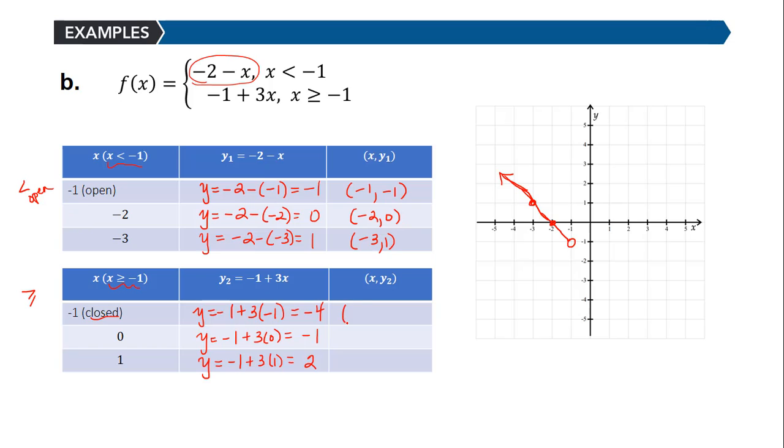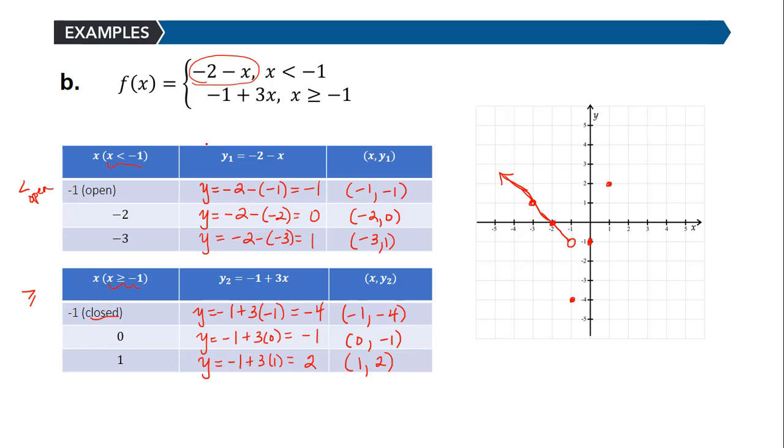We have the ordered pairs negative 1, negative 4, 0, negative 1, and 1, 2. So plotting these, negative 1, negative 4 with a solid dot, 0, negative 1, and 1, 2.